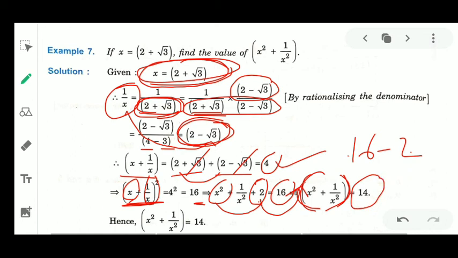So x squared plus 1 by x squared gives us 14. That is the answer.